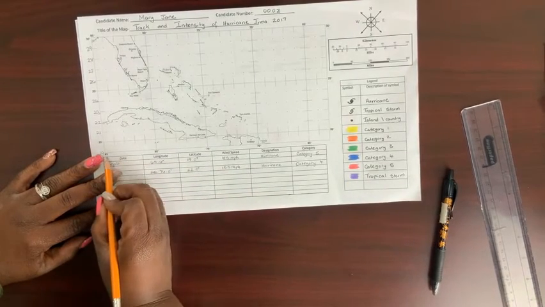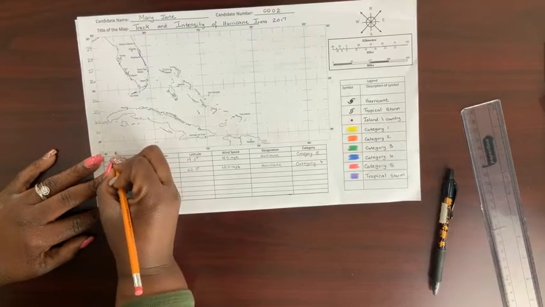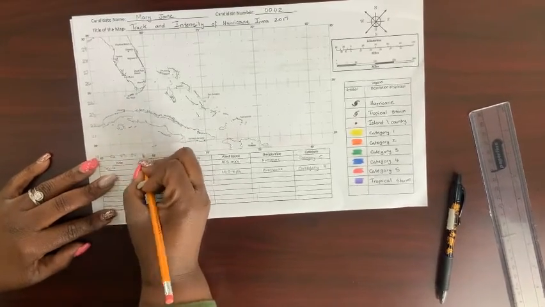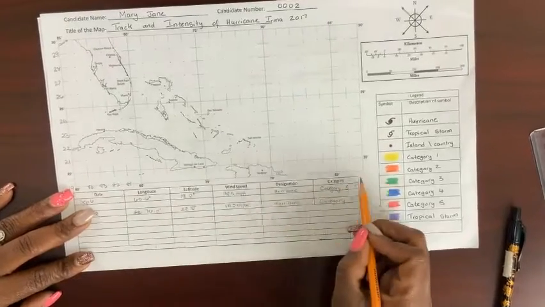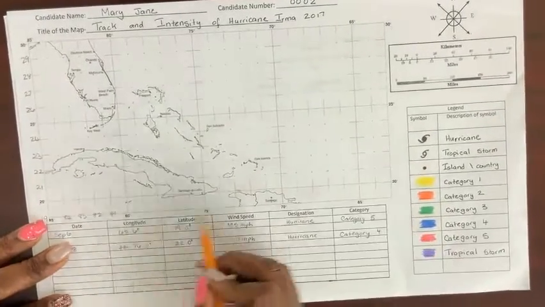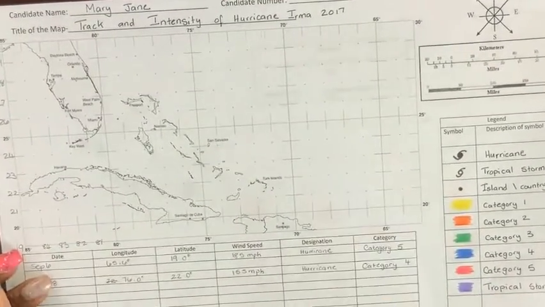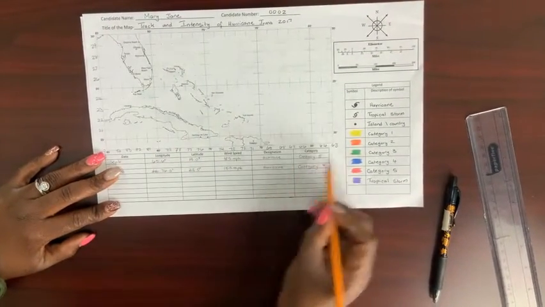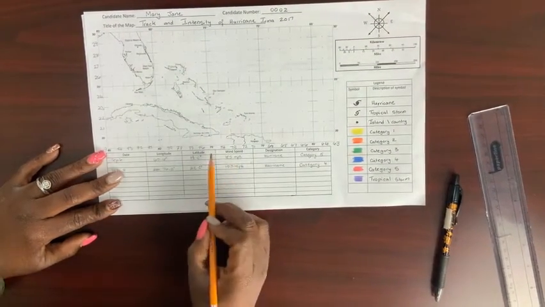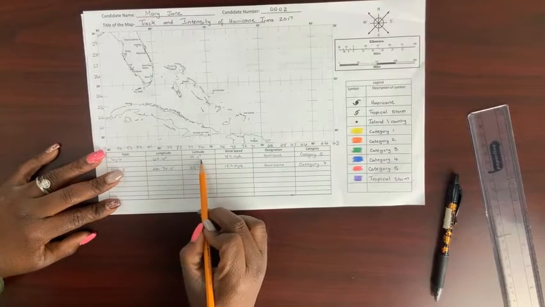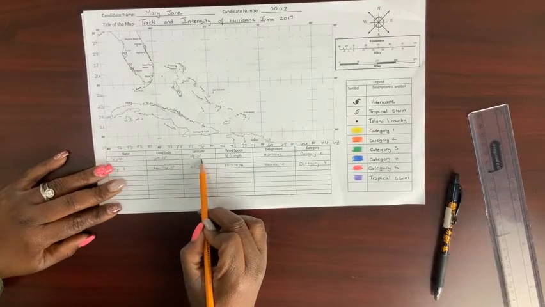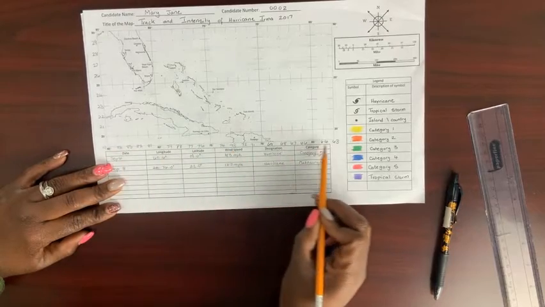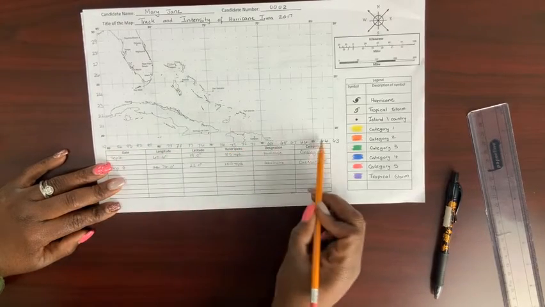So this is 85, 84, good. So notice we have all our numbers labeled for us. So first, we're gonna look at the latitude line first. So we're gonna look for 19, and 19 falls nice and neat, evenly on this bottom line.